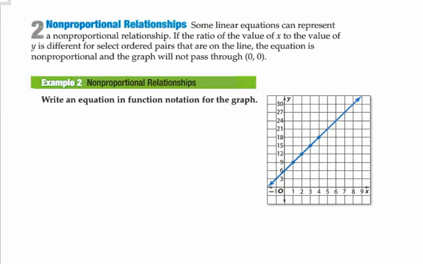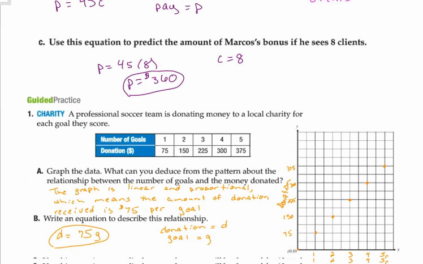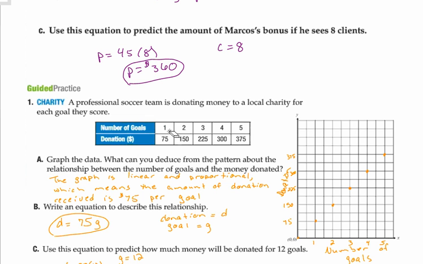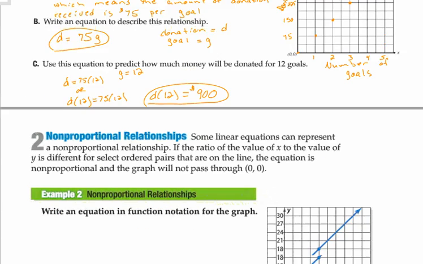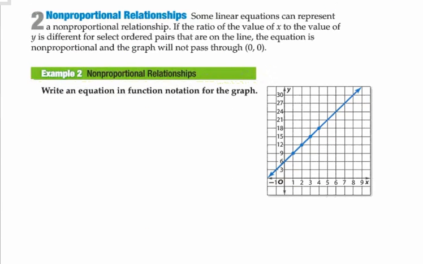So when we're looking at that ratio, another way you could have checked that is to take this 75 divided by 1, gives you 75. 150 divided by 2, 75. So if you can straight divide these, we know that they're proportional. If you can't and you get different numbers, we understand it's not proportional. So another good little check.